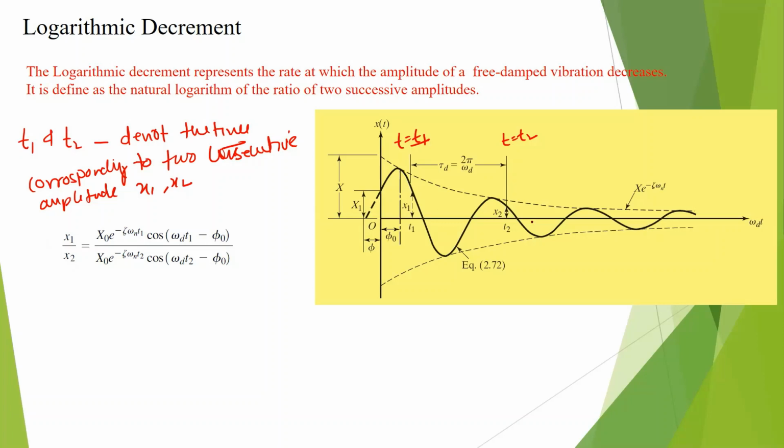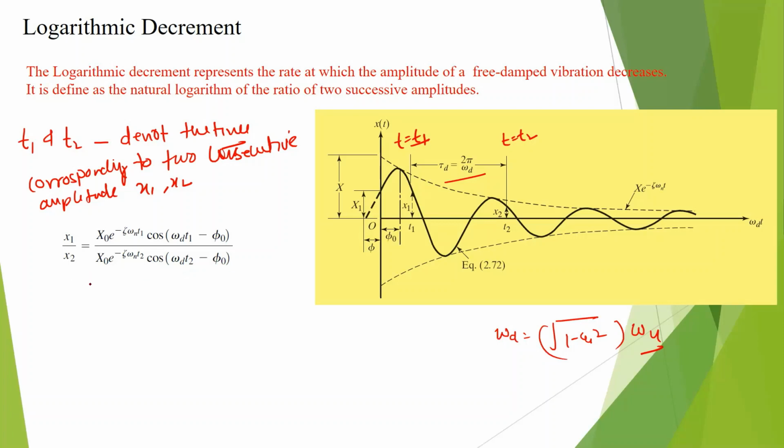We measured x1 and x2 one complete cycle apart, so the time period tau d is given by 2 pi by omega d. Omega d is the damped frequency, given by omega n times the square root of 1 minus zeta square.